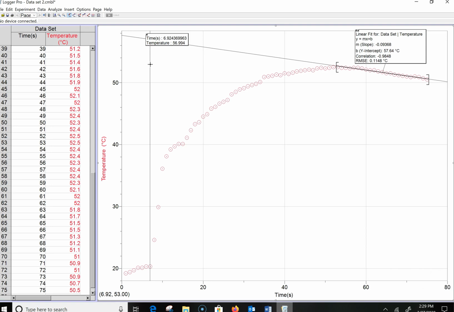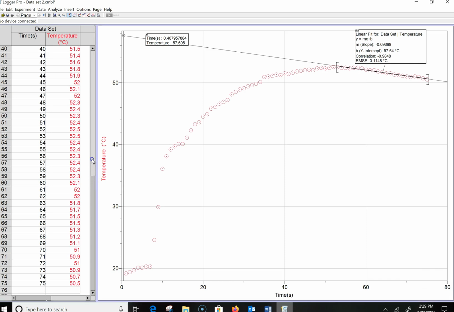We should probably be only one digit past this, but let's call it an even 57 to make our lives easier. We're going to use that for our maximum temperature instead of whatever maximum temperature we actually got here, which was like 52.3. We're going to use that 57 and call it good there.